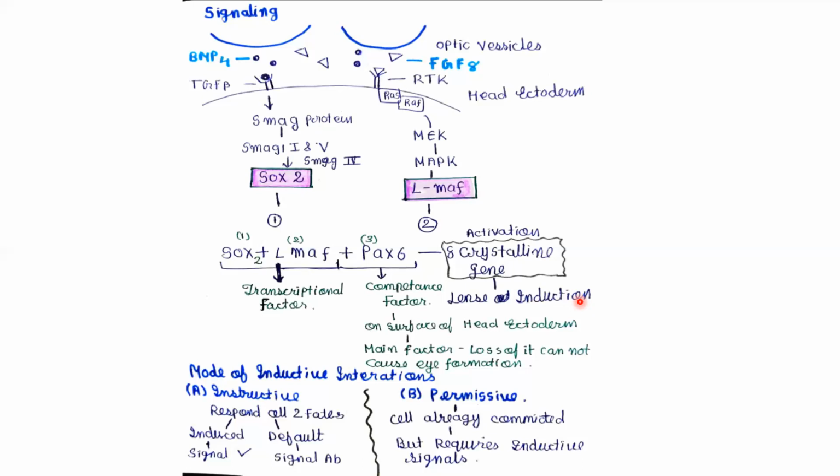The second is permissive interactions. The cells are already committed to a certain type of fate, but they always require an inductive signal to achieve that fate. These are both different, and through various examples we will be studying these types of interactions.